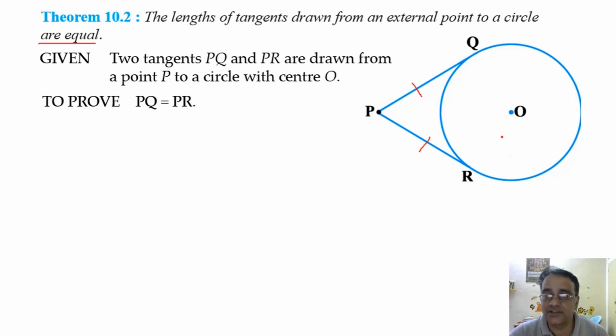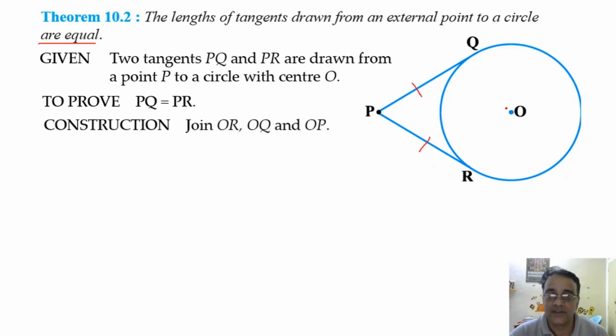So इसमें हम लोग कंस्ट्रक्शन करेंगे, join OQ, join OR, join OP. So first we will join OQ, then OR, then we will join OP. Construction is clear to all of you? Yes, sir. Now we have to show that these 2 triangles are congruent. So congruent proof करने से पहले हम लोग शो करेंगे कि ये दोनों right angles हैं.